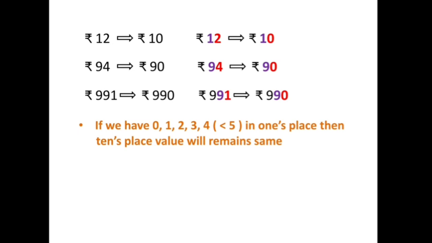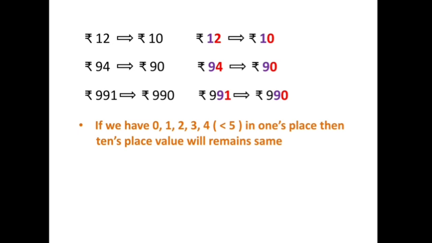So in the first example 12, the tens place value 1 is the same, and 2 has become 0. In the second problem 94, 4 becomes 0, and 9 is the same. So the tens place will remain the same, and the ones place will become 0 if the estimation is for the tens place.